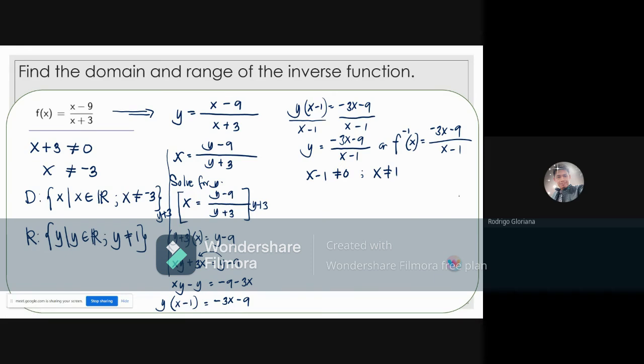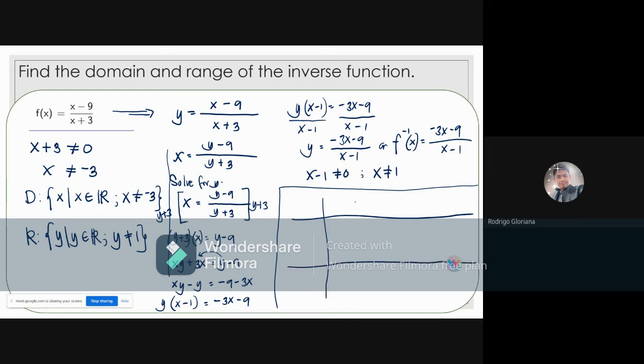Now, paano yung inverse, sir? Okay? Paano yung inverse? So, gawa tayo ng table para madali natin ma-identify. So, this is the function (x - 9)/(x + 3). Ito naman yung inverse function. You have your domain and range.